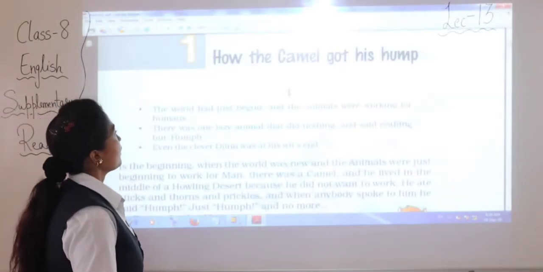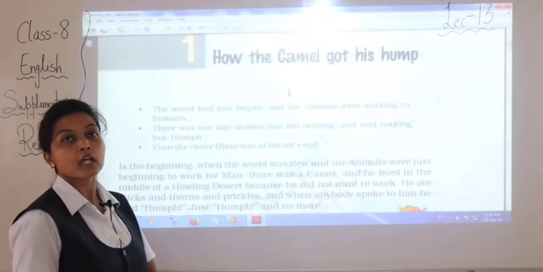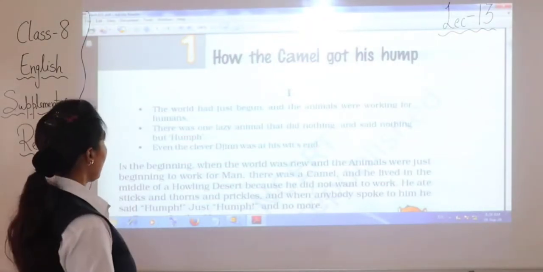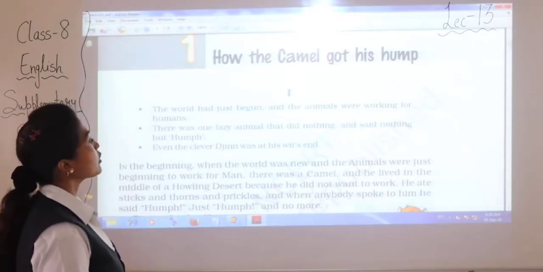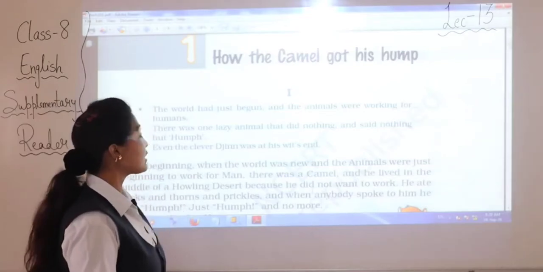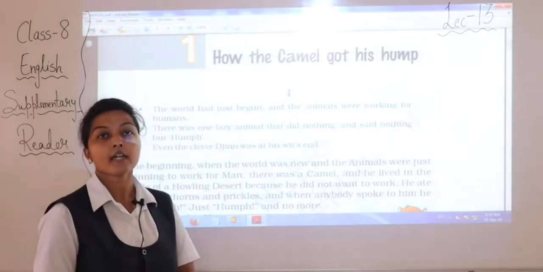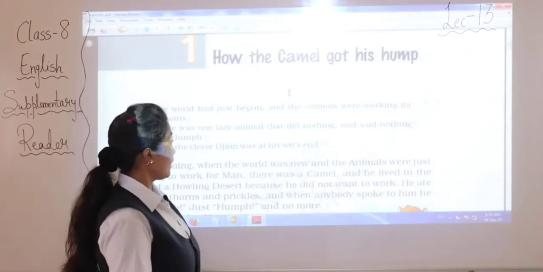So the first chapter is How the Camel Got His Hump. The world had just begun and the animals were working for humans. Yes, as the world just started, animals started working for the humans.